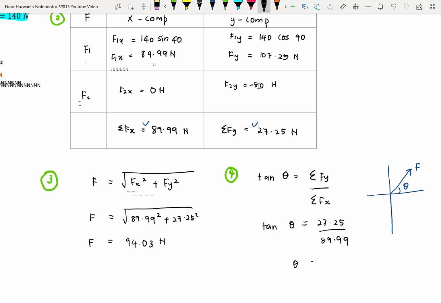And then you punya theta would be 16.85 degree. But then it aligned above positive x-axis. Okay, so that's all for example of 4A. So thank you.